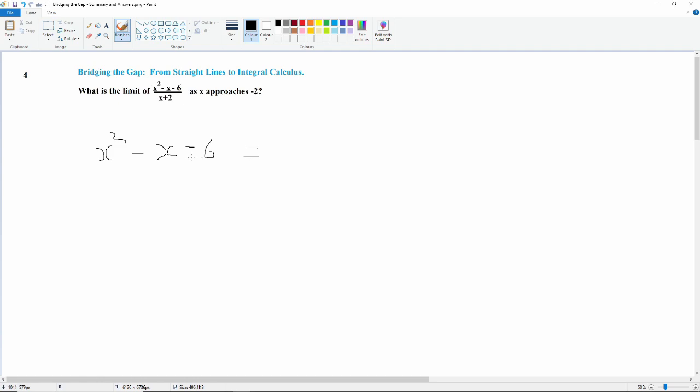So the signs must be different, and the negative number must be the larger number. The factors of 6 are 3 and 2, which are 1 apart. So we're going to have x minus 3 into x plus 2. And of course we've got x plus 2 on the bottom.